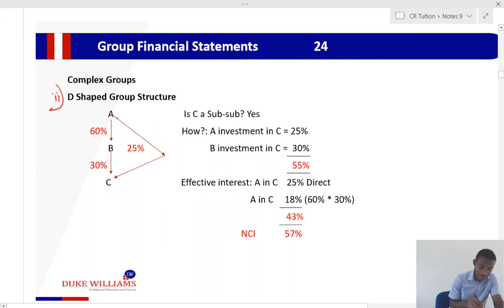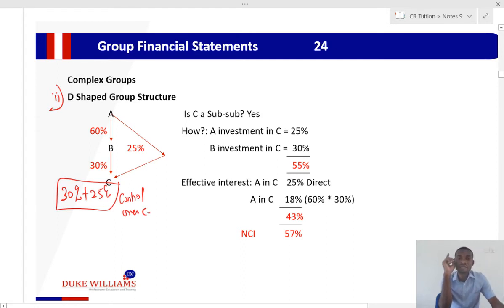Entity A has 60% investment in B, and entity A again has 25% investment in C. Now, because B has an investment of 30% in C, if you put the absolute values together, 30% plus 25%, it means that both of them will have control over C. But we need effective control.